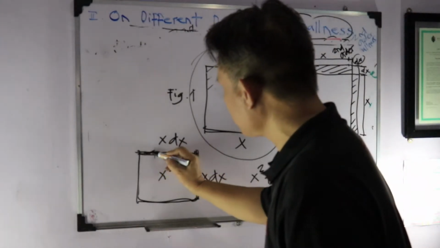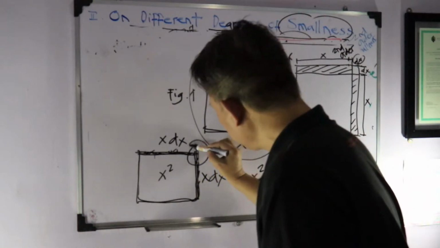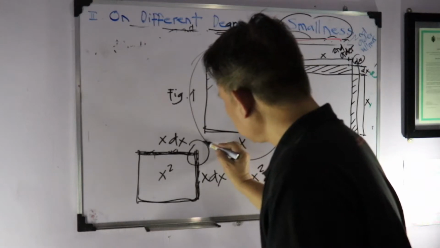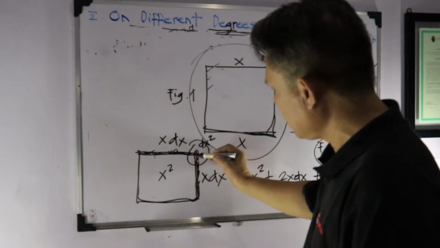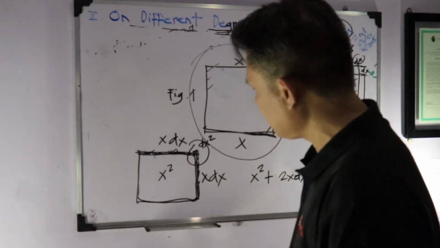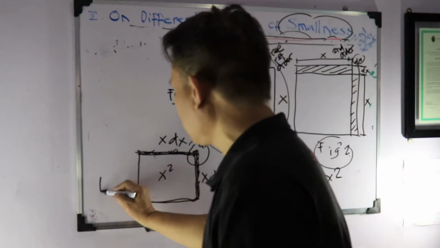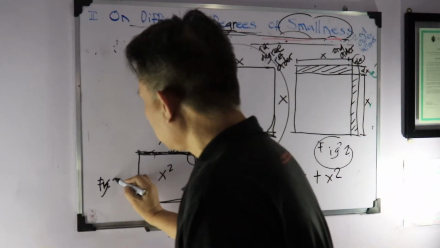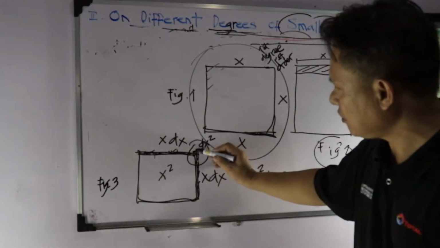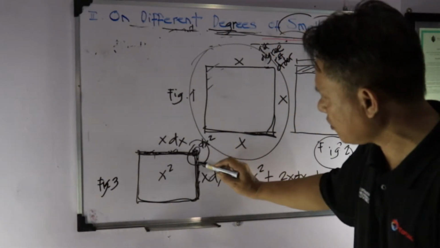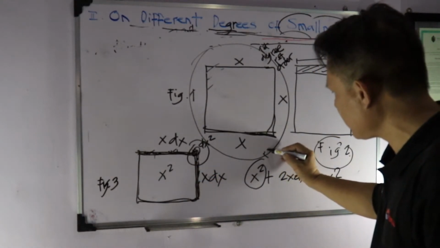So this is a small portion of this, and as we differentiate, this is the small portion of dx squared. These portions, you know what I mean? This is figure 3 as illustrated here. So we have here the derivative with respect to x. This is the first portion, the first order.